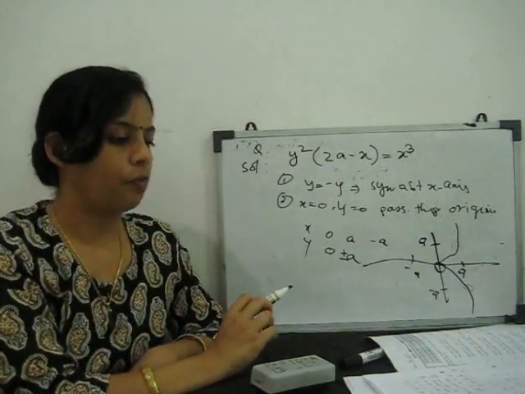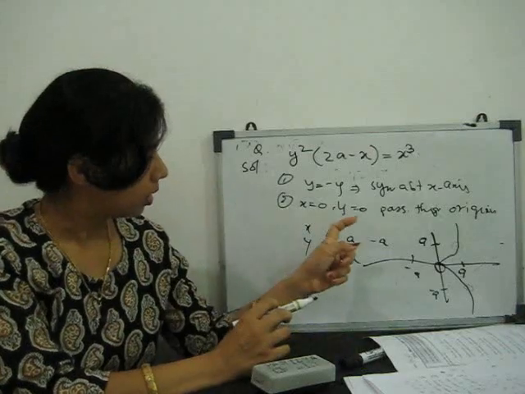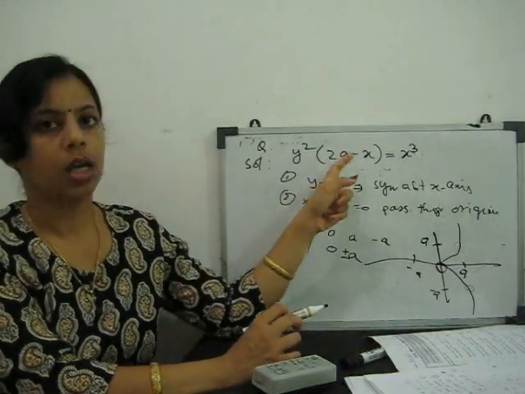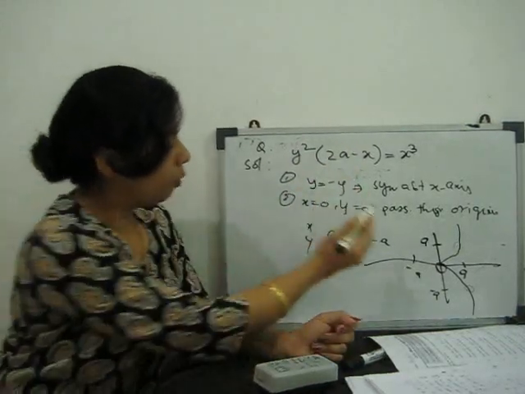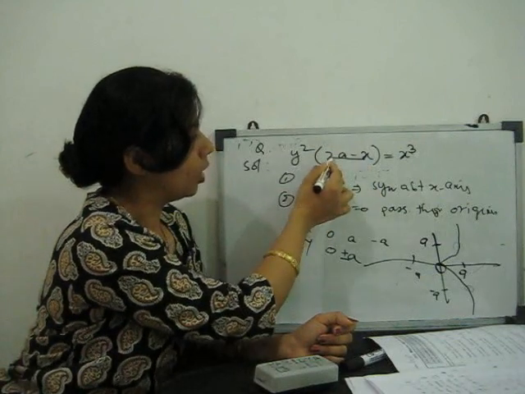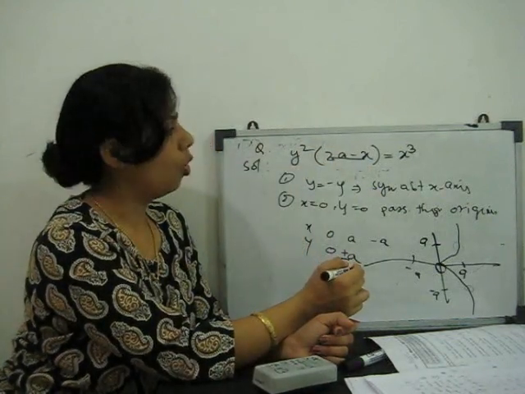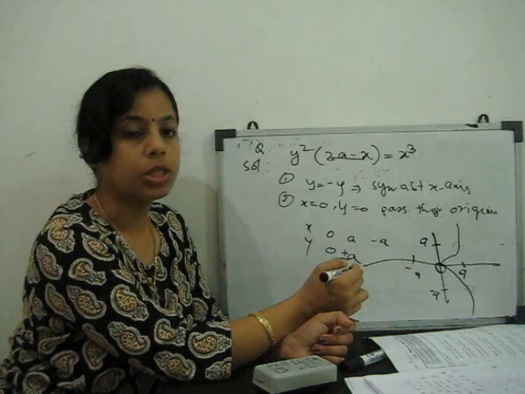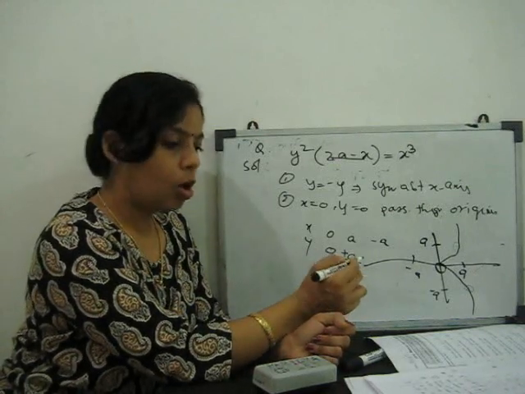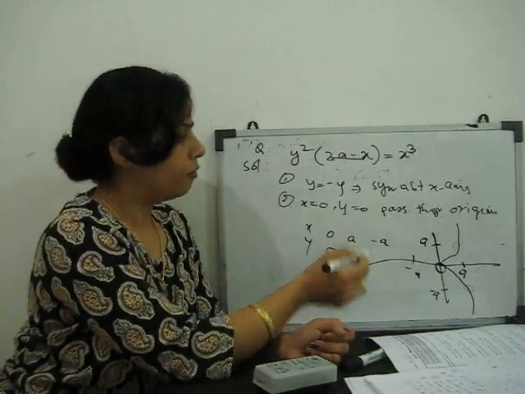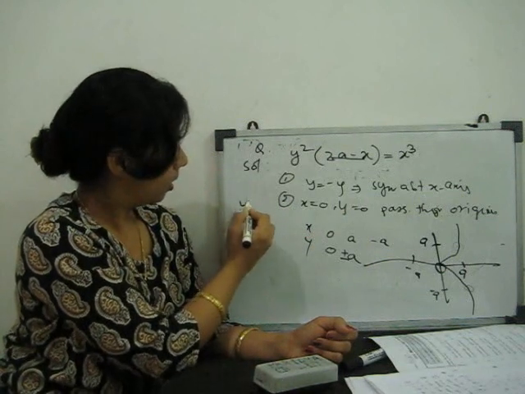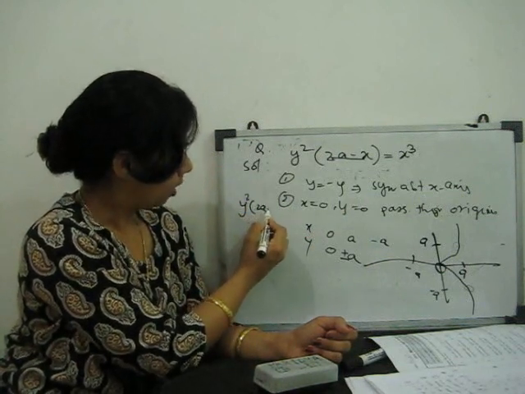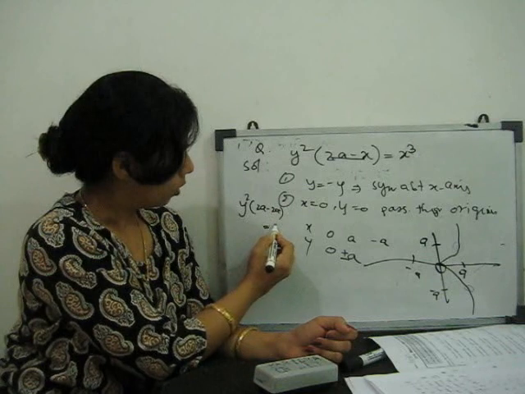And if you find that at 2a, if you put x is equal to 2a, so y goes 0. Yeah, so at 2a, y square times 2a minus 2a equal to 2a.